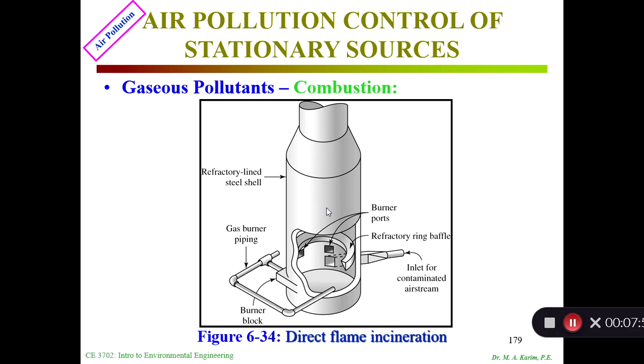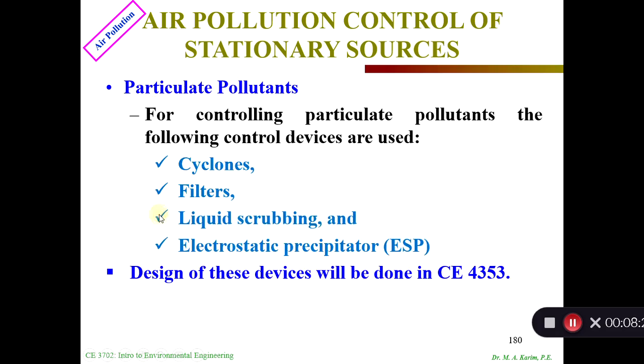This is the burner: gas burner piping here, inlet, contaminated airstream. We put the airstream over here and it burns. Then finally the gas comes out some other way, I think somewhere at the top. I don't have it, but that's what it shows.